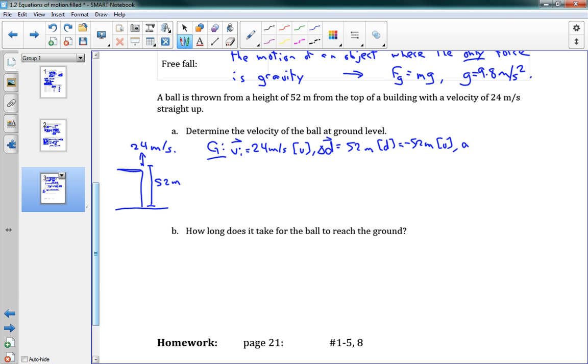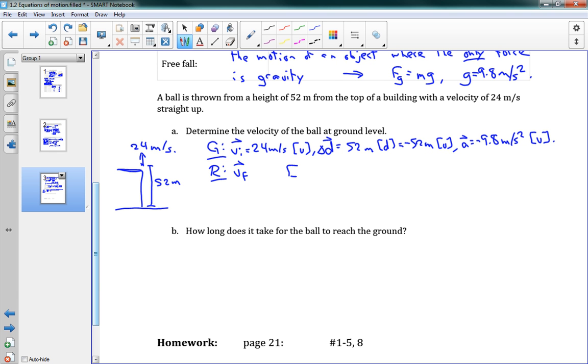And we know that the acceleration is negative 9.8 meters per second squared in the up direction. It's positive in the down direction, which means it's negative in the up direction. Okay, so those are our given values. Required, we want to find VF.